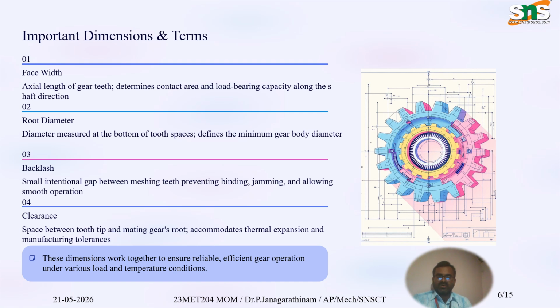These dimensions work together to ensure reliable, efficient gear operation between the two moving parts under various loading conditions, because we use these gears for many applications. Based on the application and temperature conditions, it can be slightly modified.